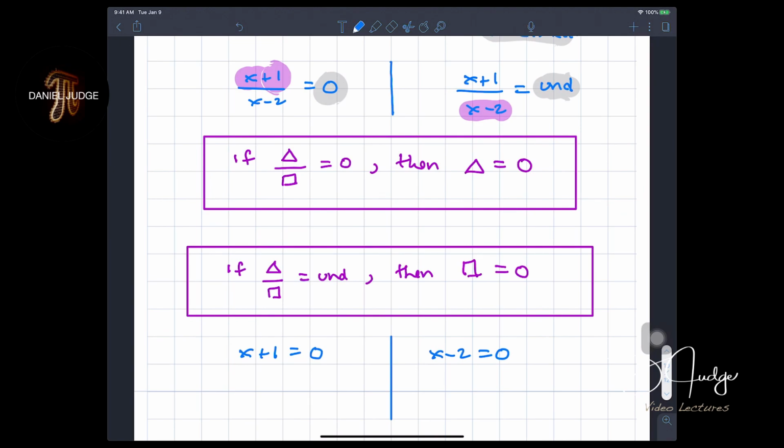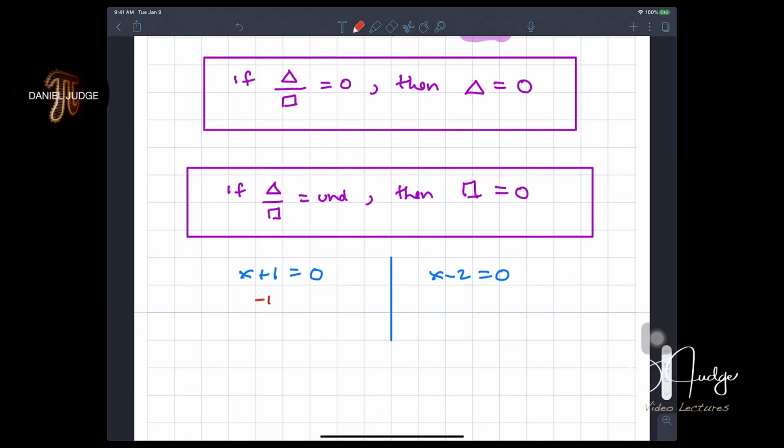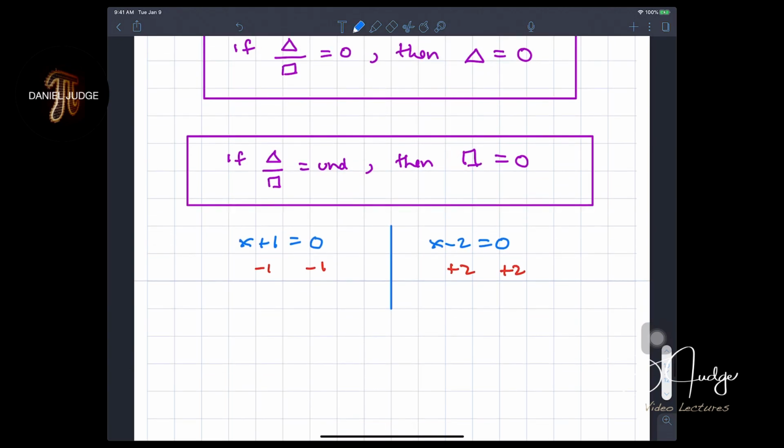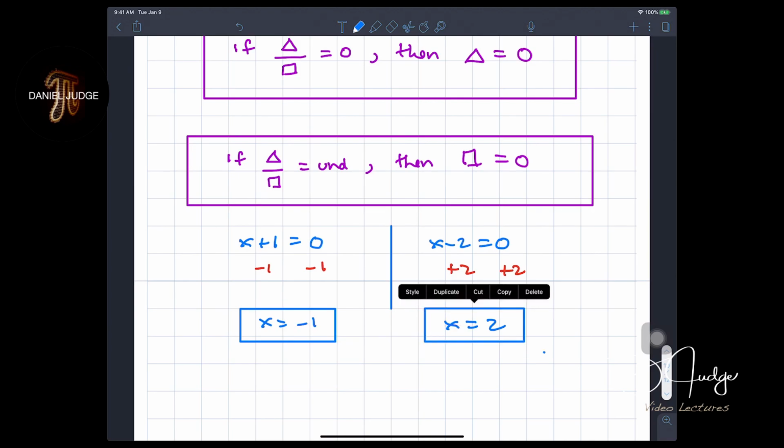Now, we haven't solved yet. We have to find those values of x, right? Subtract 1, add 2. So we end up here with x being negative 1, and here x is positive 2. These are the values that we use on the real number line.